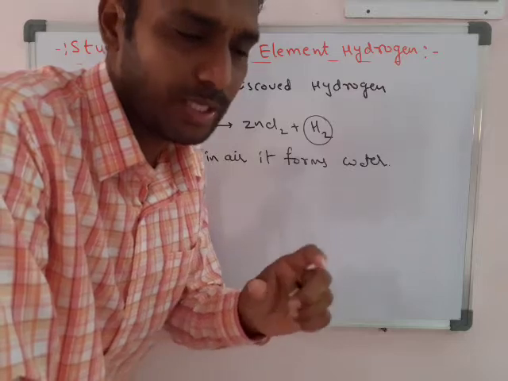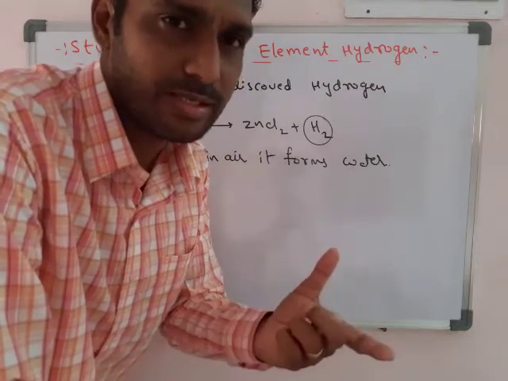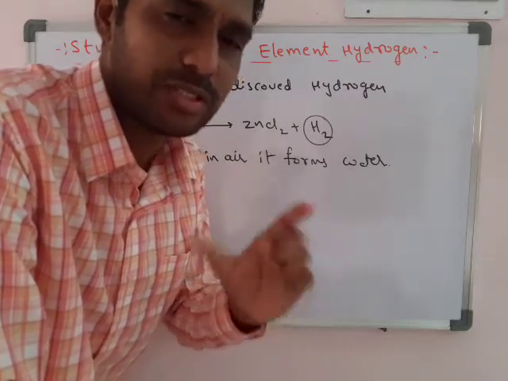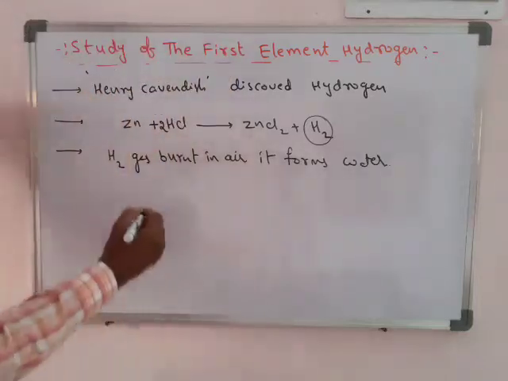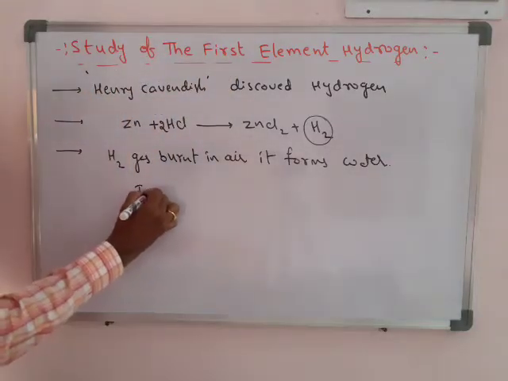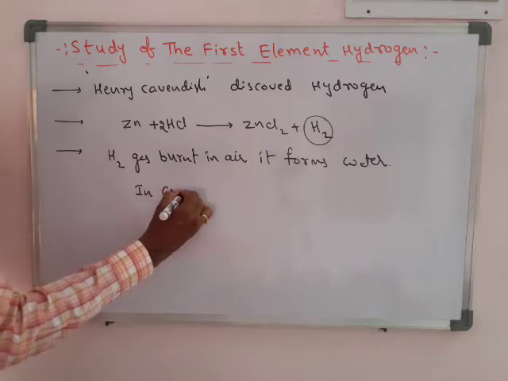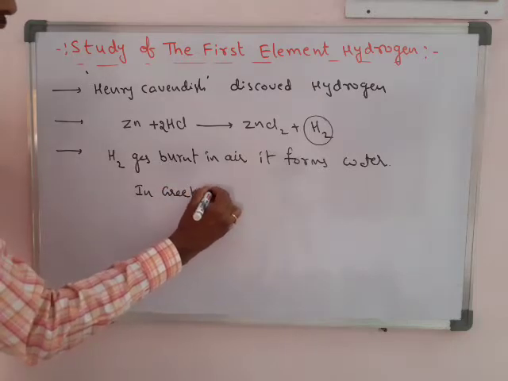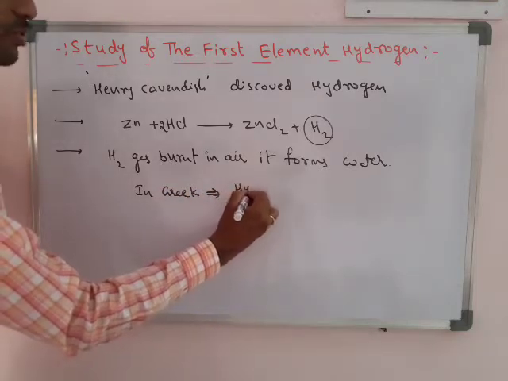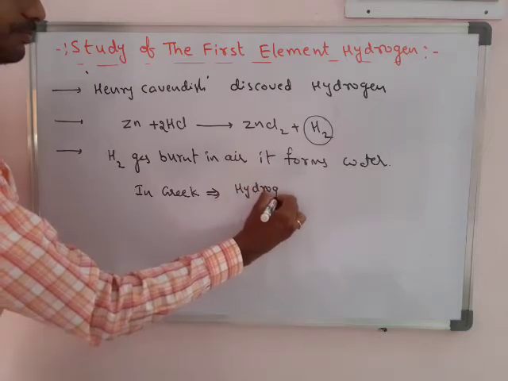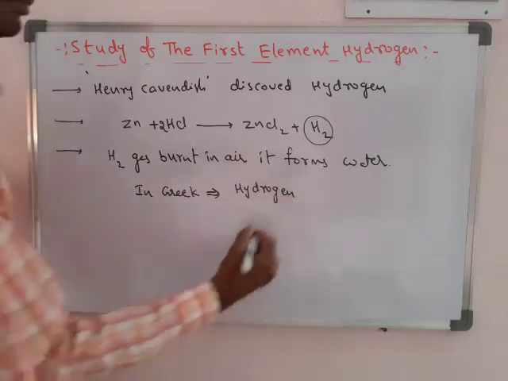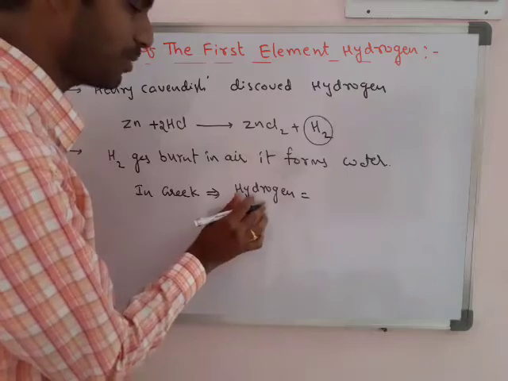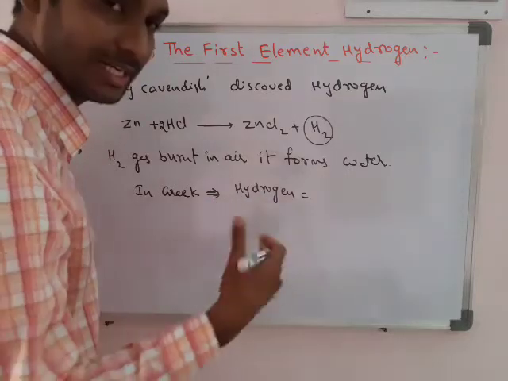So hydrogen generates water, it forms water, therefore it was named as hydrogen. In Greek language, hydro means water, gen means generate.